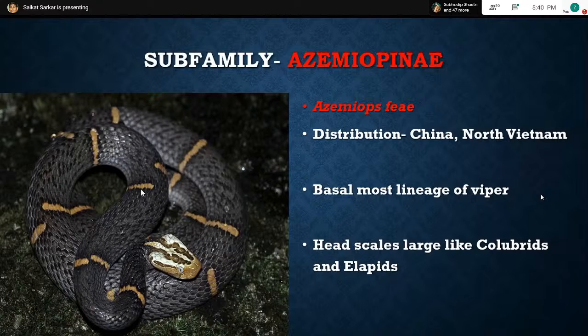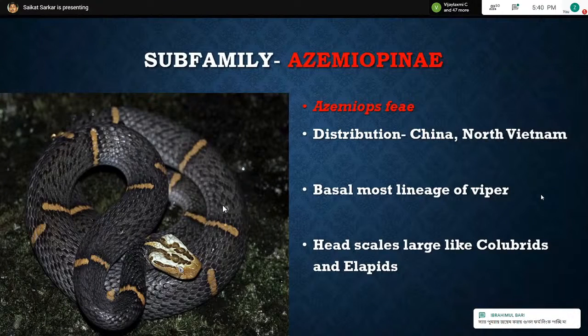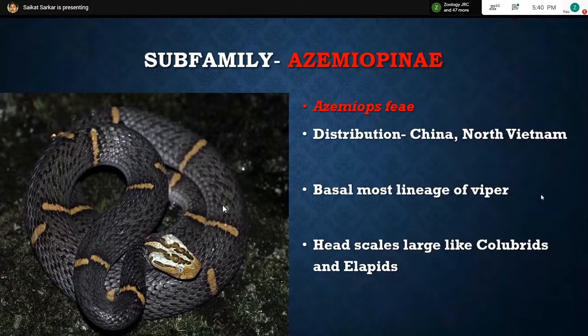That means they have a very oblong-shaped head, not a very pointed head, you may say, but they have vertical pupils. They have solenoglyphous fangs, but the body contour is rounded and elongated like colubrids or elapids, not bulky like typical viperids. So this is the most basal lineage of all the vipers.